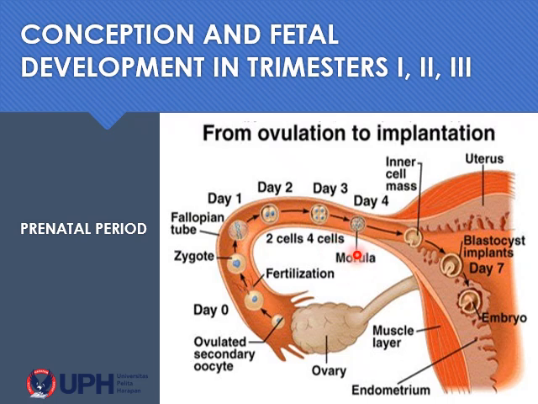And then this morula will travel inside the uterus, where the blastocyst will implant in day 7. Then when the blastocyst has implanted, it will become an embryo, and then the pregnancy will begin inside the endometrium.